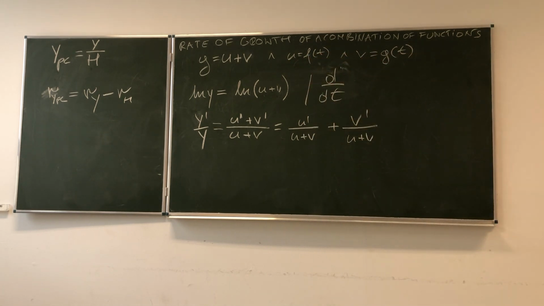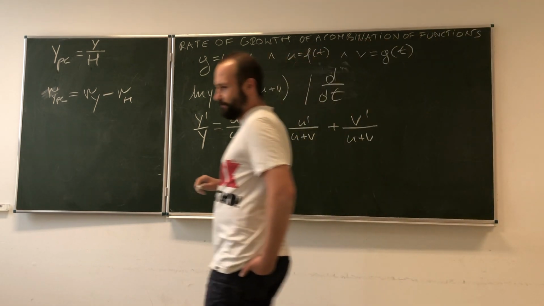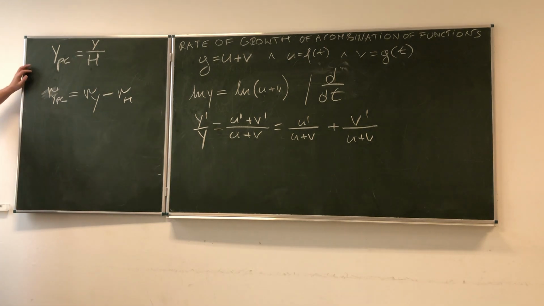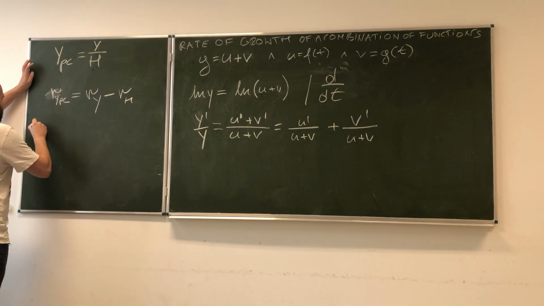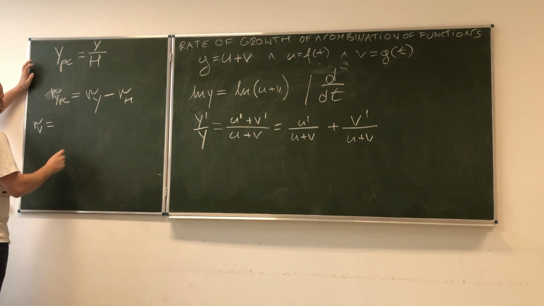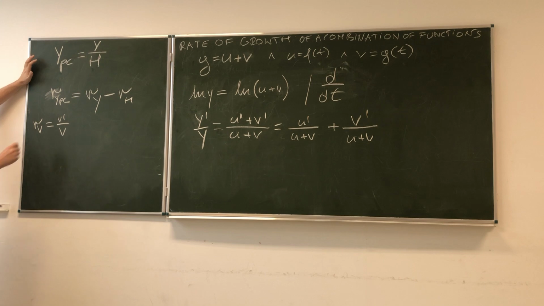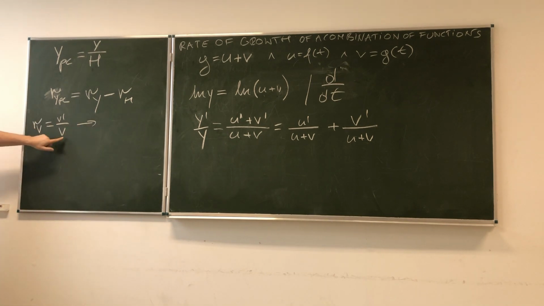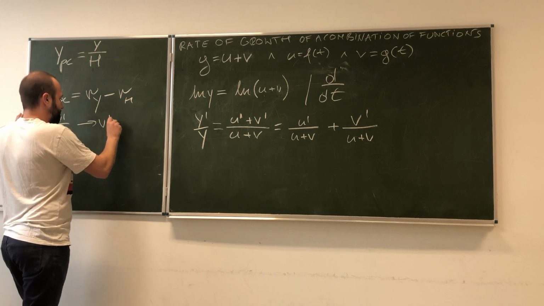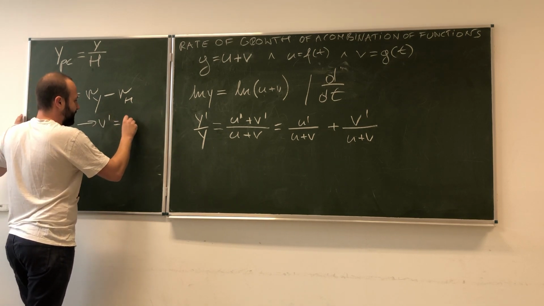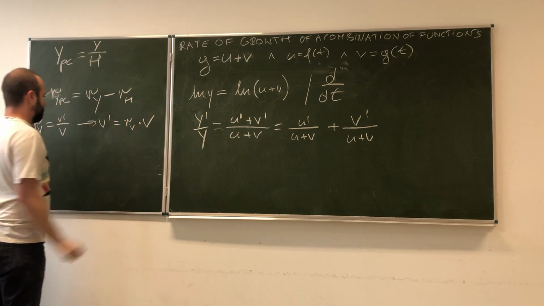Right? Now, let's remember the definitions that we had of growth rate. I could say the growth rate of v is equal to v prime over v, right? But this implies that if I multiply both sides by v, then v prime is equal to the growth rate of v times v.